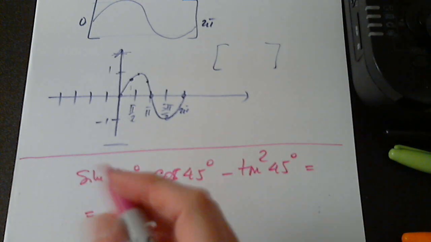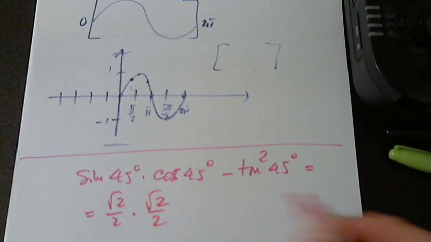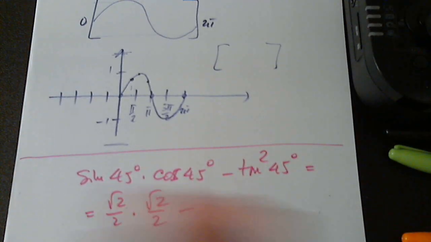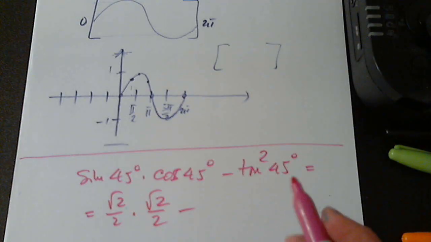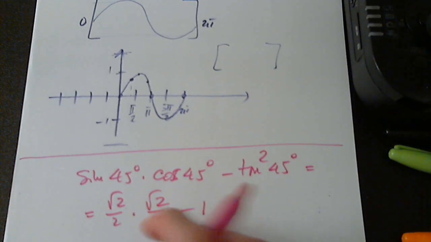Square root of 2/2. Good. Cosine 45. Also square root of 2/2, of course. Tangent 45. Exactly, it's this over this, correct.